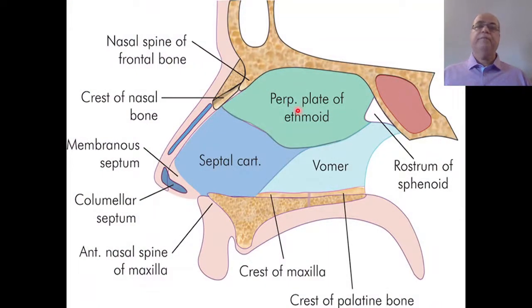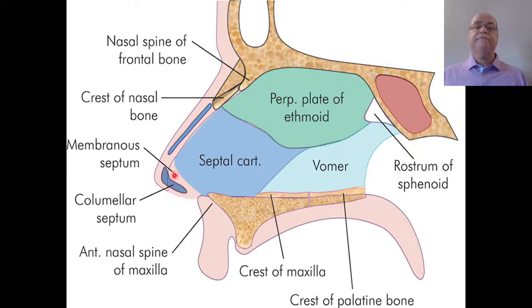In the diagram, this is the nasal septum, and the caudal part of the nasal septum is what we call the columellar septum, which consists of the medial crura of the lower lateral cartilages. This bluish part is the cartilage, the medial crura of the lower lateral cartilages, along with the skin folds.